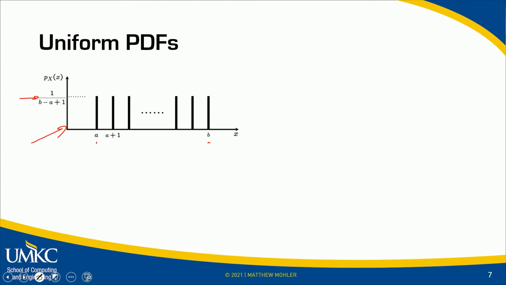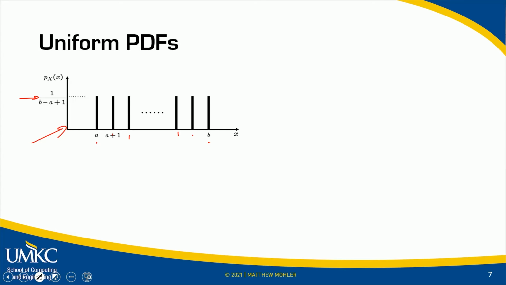We said that it's the difference between these plus 1, assuming that every single integer value here has a probability mass associated with it.